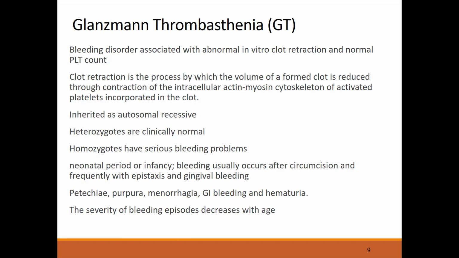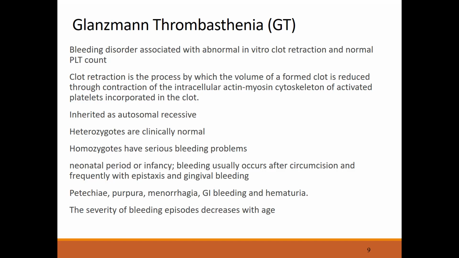It usually starts occurring in the neonatal period or in infancy, where people would see excessive bleeding after circumcision. And that can also come with epistaxis and gingival bleeding in the infant. But people get petechiae, purpura, menorrhagia, also gastrointestinal bleeding, and hematuria, which is blood in the urine.